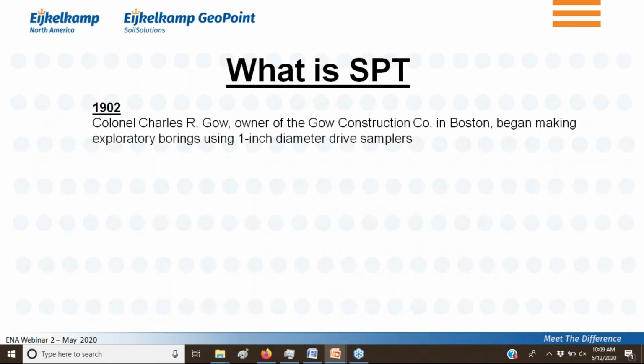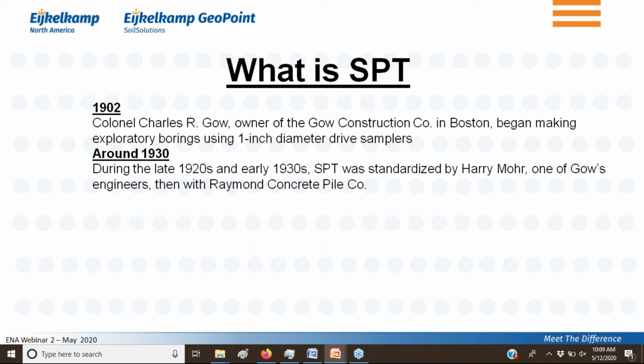A little bit about the history. It all started in 1902 when Charles Gow came up with a 1-inch sampler. It's not the sampler that we're using today, but he started making these samplers and doing exploratory borings to get samples out of the ground.